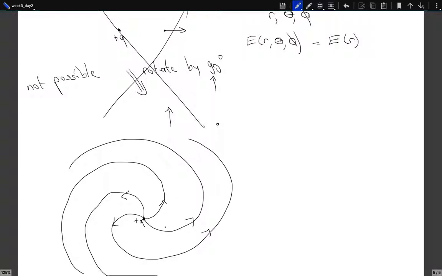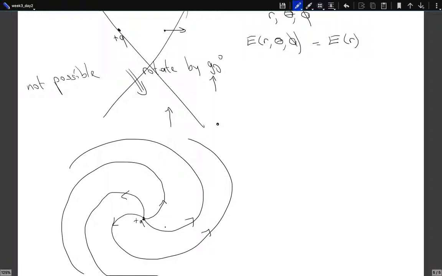They all start from the positive charge and go to infinity. Is this possible? Well, let's look at it like this, rotate our head 90 degrees, and look at it again. Does it change? It doesn't change. It's the same. So at least this is what we call rotational symmetry. The charge distribution has rotational symmetry, and if we just use rotational symmetry, this is also possible.